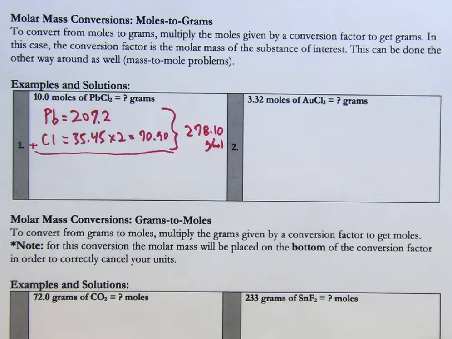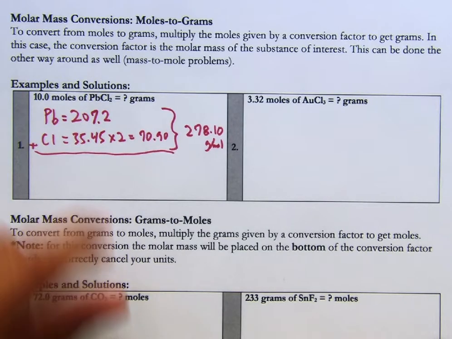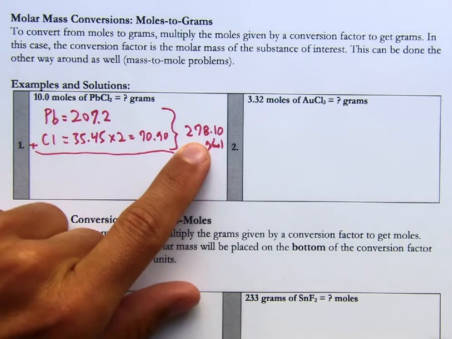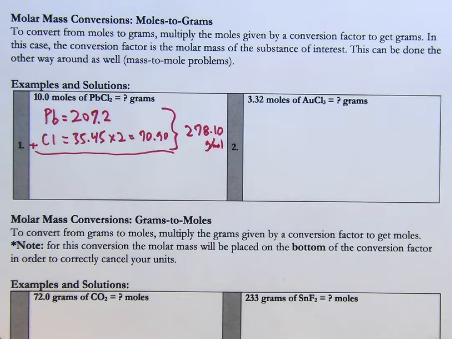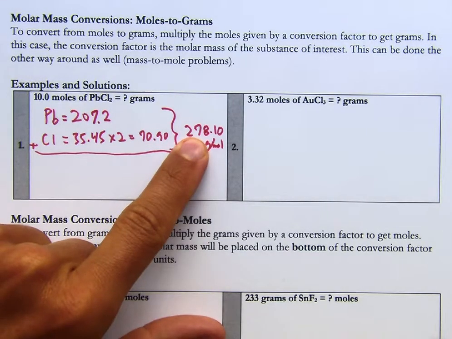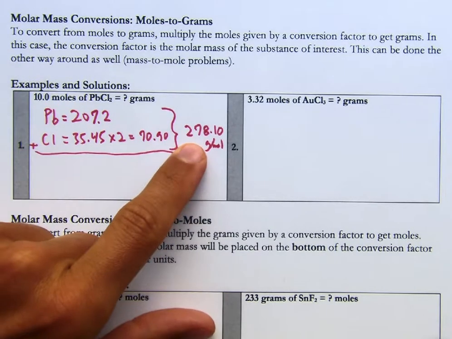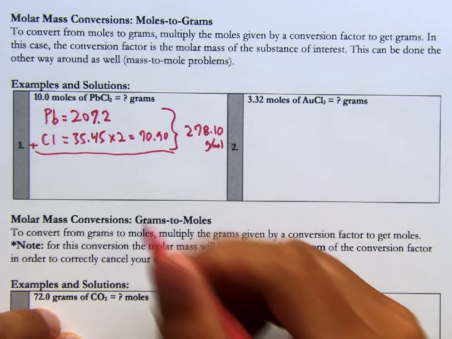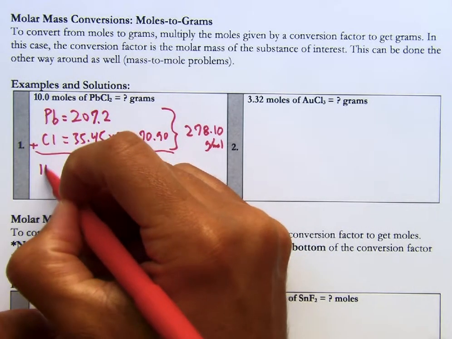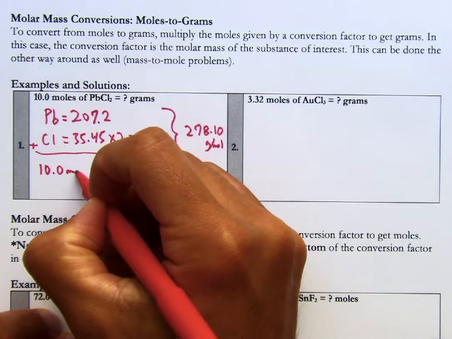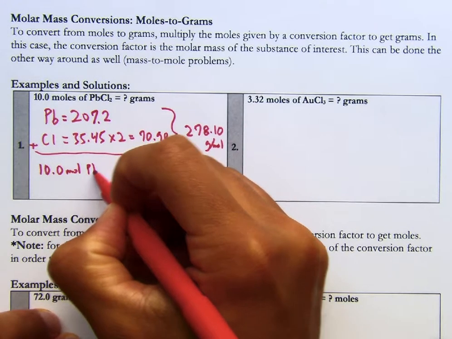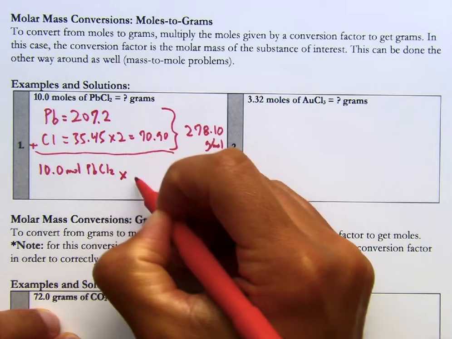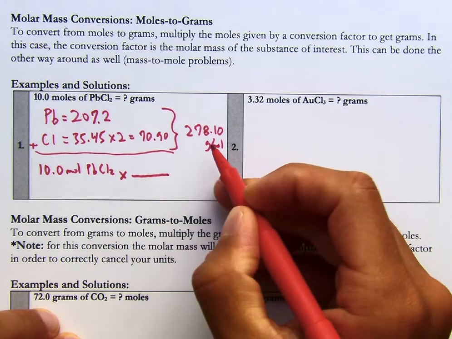So what that means is 1 mole of PbCl2 weighs 278 grams. So if 1 mole weighs this many grams, 10 moles would weigh 10 times this many. So you can do the conversion by saying, okay, write what's given, 10 moles PbCl2 times something over something else. Now what we're trying to find is grams.